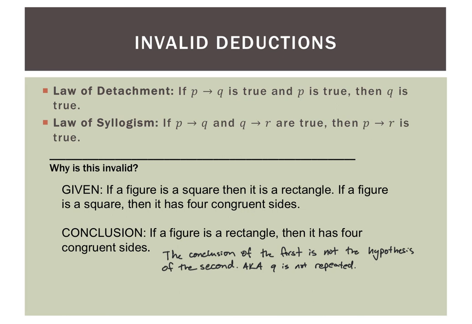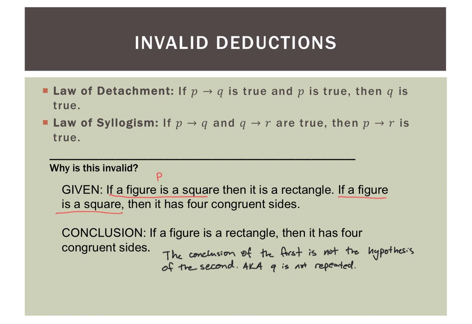Now in this one, it would have been law of syllogism, except for the fact that if you read carefully, the statement says, if a figure is a square, then it's a rectangle. If a figure is a square, then it has 4 congruent sides. The piece of information that repeats in this example is if a figure is a square. So that is the P of the first statement.